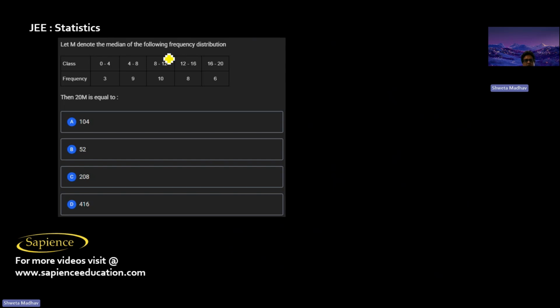Let M denote the median of the following frequency distribution. Then 20M is equal to?